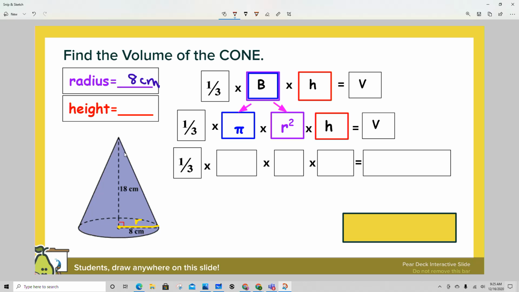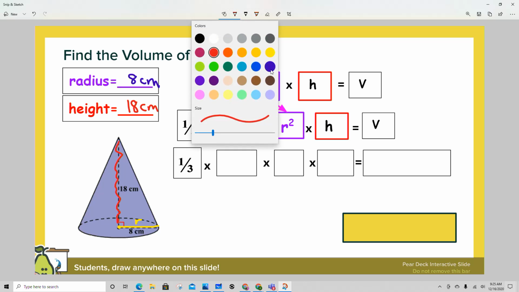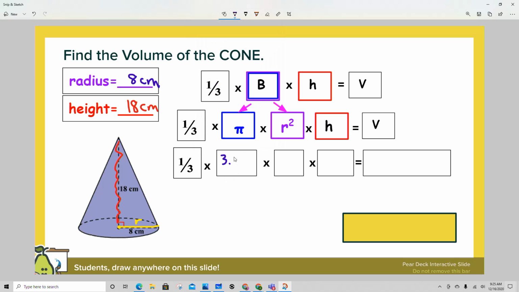Your height is going to be 18 centimeters. So these are the two values that we're going to be using, and we're going to substitute. So we have 1/3 times pi, so pi is 3.14, times our radius squared, times our height, which is 18.